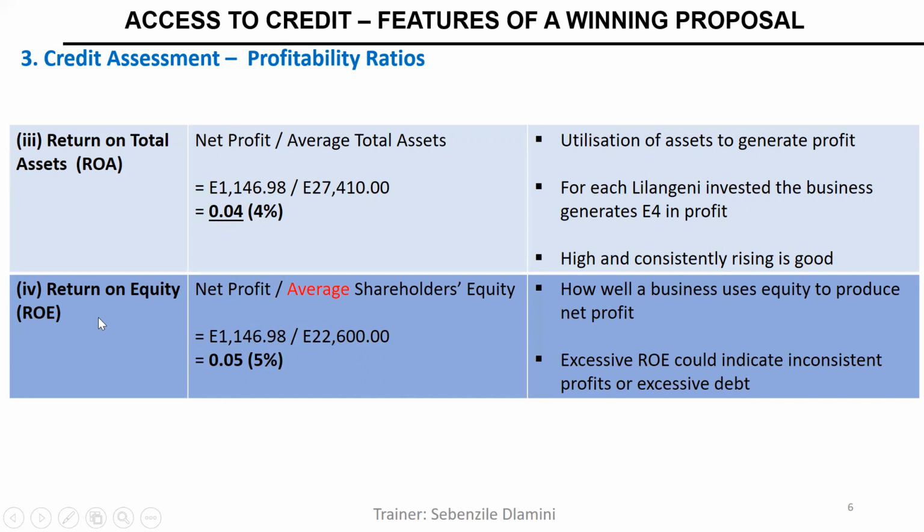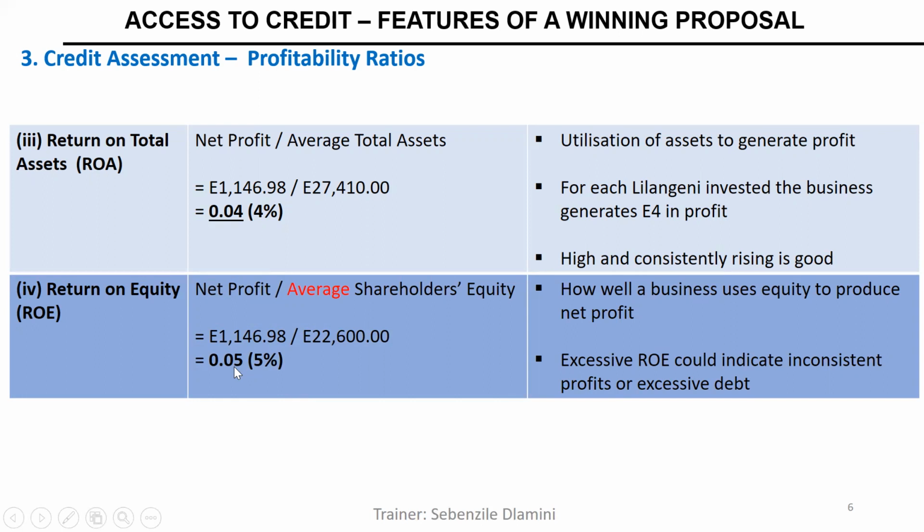The last profitability ratio is return on equity. You get this from dividing the net profit by the average shareholders' equity. In this example, we're not using an average because we are using financials for 1 year only.